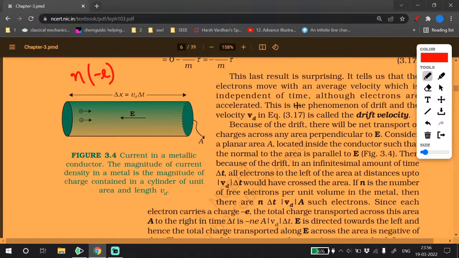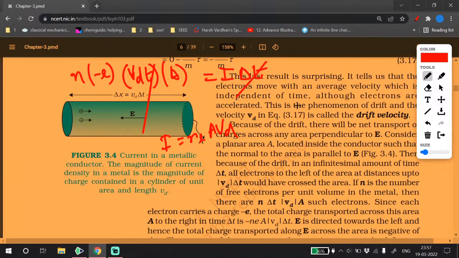So Vd into t would be the distance covered, and A is the area. So the per-volume and the actual volume cancel out, and this is the charge transferred through the conductor in time interval t. So this t and this t cancel out. I is equal to n e A Vd. That's actually the opposite.